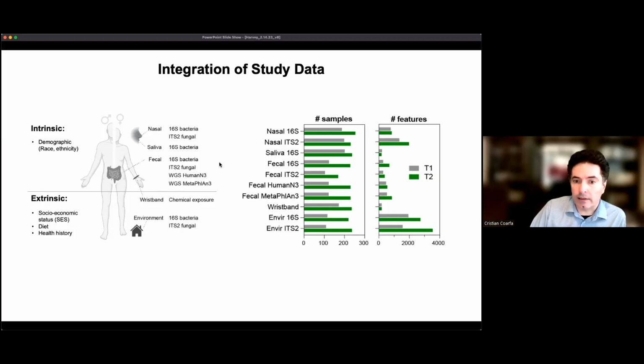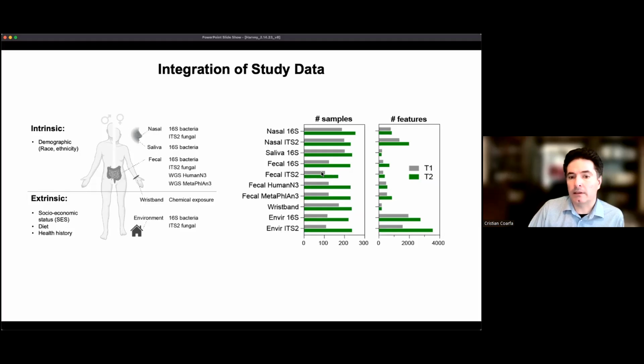Again, this was a study performed with volunteer participants, and as such, we had less control over the completeness of the data. And you can see that in terms of samples, certain types of omics like environment or fecal had more samples, others had fewer. And also at time 2, we were able to get significantly more participants than at time 1.